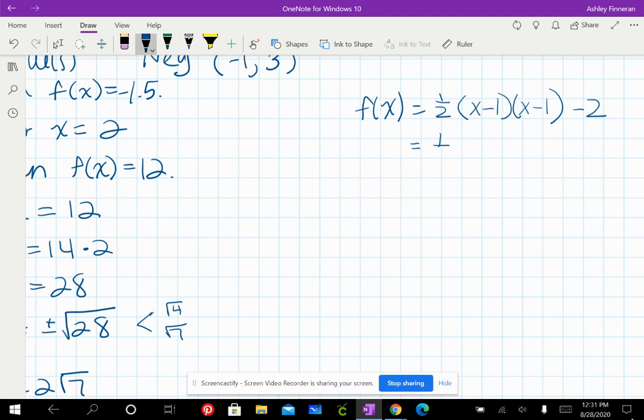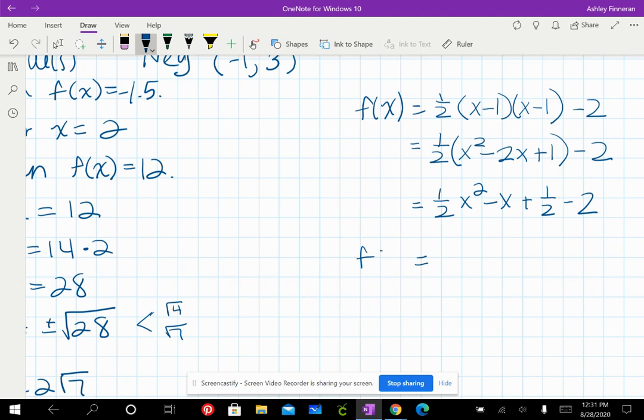So the first thing I will do is FOIL x minus 1 and x minus 1, which is x squared minus x, so 2x plus 1 minus 2. And then I'm going to distribute my negative. And then I'm going to combine like terms. 1/2 minus 2 is negative 1/2, or negative 3 over 2.